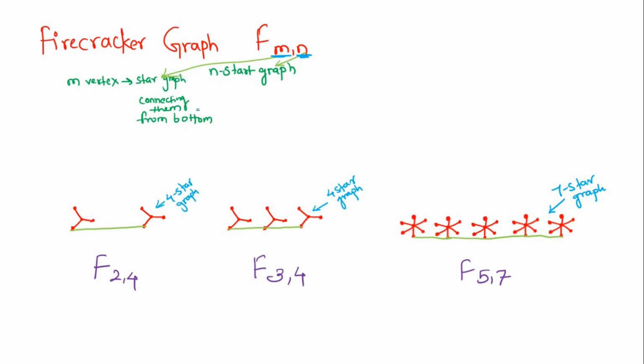Then that will be called your firecracker graph. For the same banana tree, if I take one additional vertex, it becomes a banana tree. But if I do not take any additional vertex and just connect all of these star graphs with each other using one edge, then that will be called a firecracker graph.